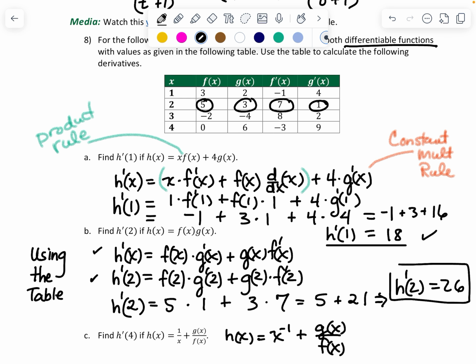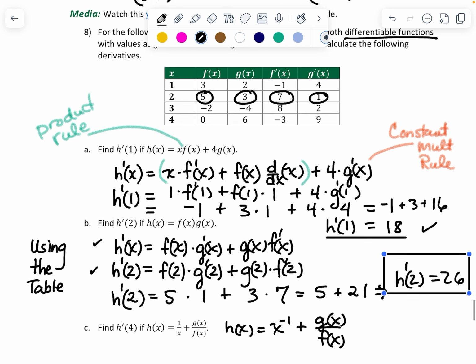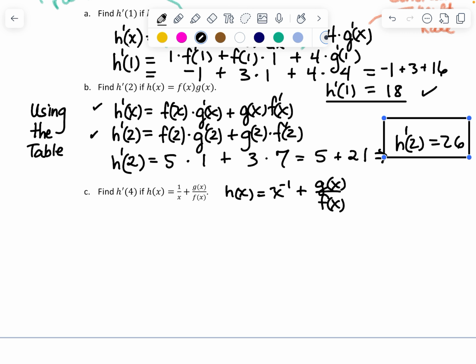I have one more problem to do here, and it is this one. So I have 1 over x, so I'm going to rewrite this as h of x is equal to x to the negative first power, and I'm just going to go ahead and do this with the quotient rule, okay?